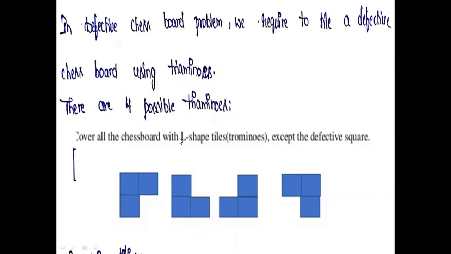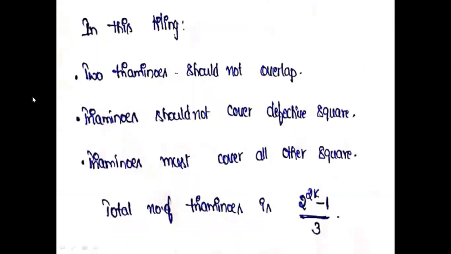All of the chessboard is covered with trinomials except the defective square. So 2 trinomials should not overlap, and a trinomial should not cover the defective square. Trinomials must cover all the other squares.